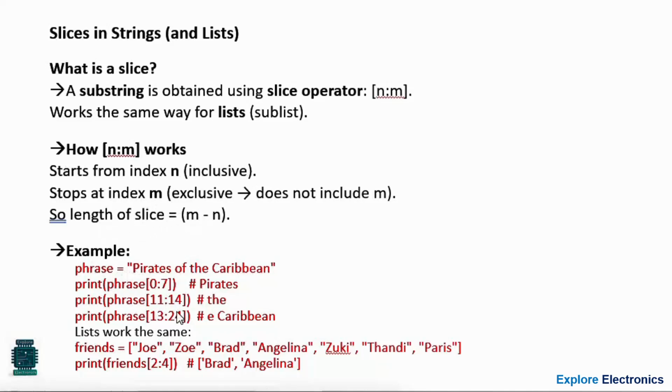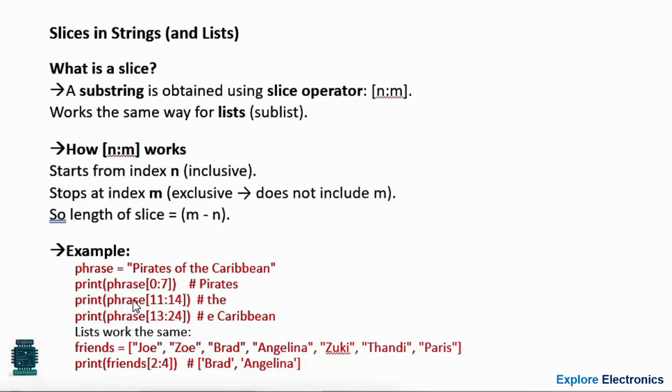Let us see with an example. phrase is equal to Pirates of the Caribbean. Print phrase 0 to 7. Let us see what exactly are the characters I will access. 0 means P, I, R, A, with indices 0 1 2 3 4 5 6. 0 to 7 means 7 I will not get in the output. 0 to 6 I will get in the output.